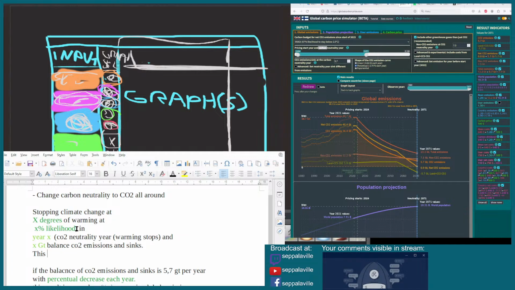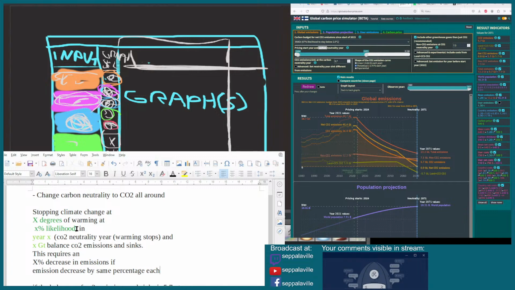This requires X% decrease in emissions if emissions decrease by the same percentage each year.